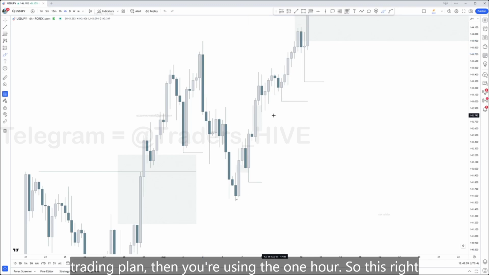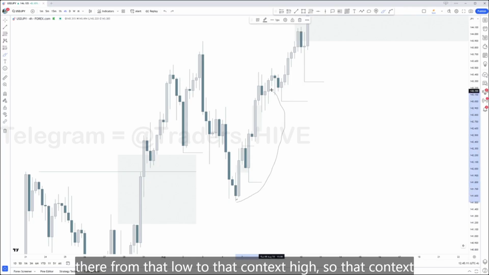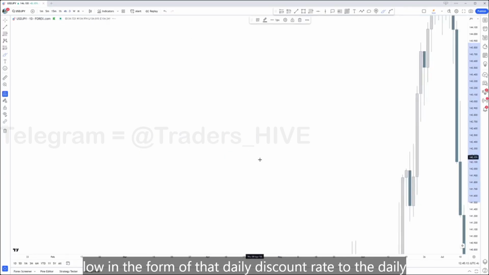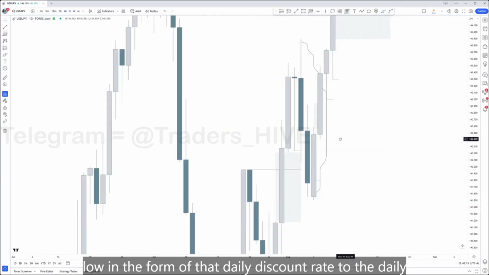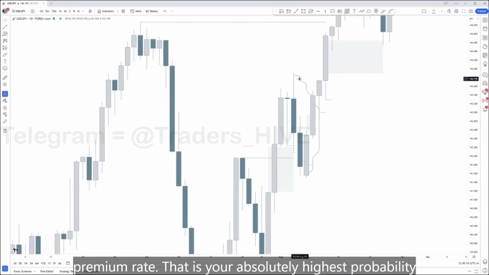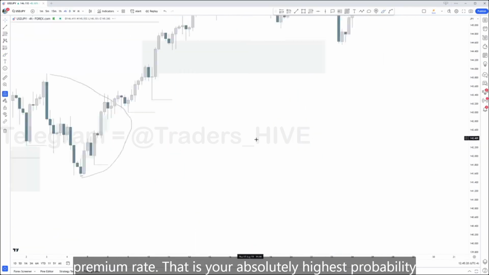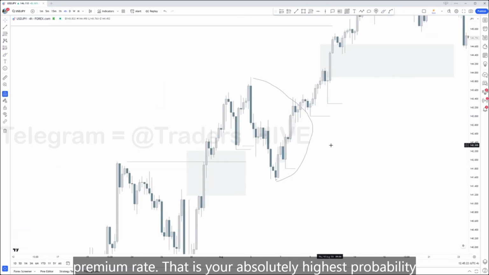So from that context low in the form of that daily discount array to that daily premium array, that is your absolutely highest probability price action there is.